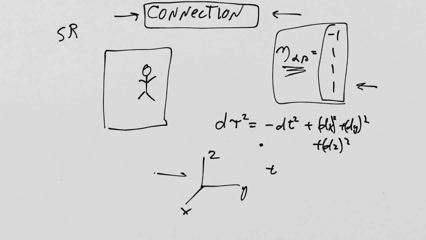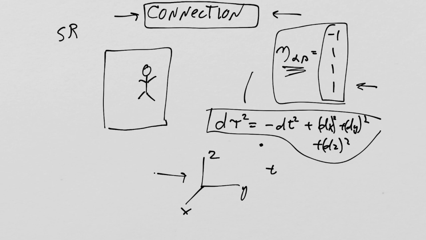You've got to have this kind of coordinate system to have this kind of proper time element to give you that specific metric. But this coordinate system is arbitrary, right?